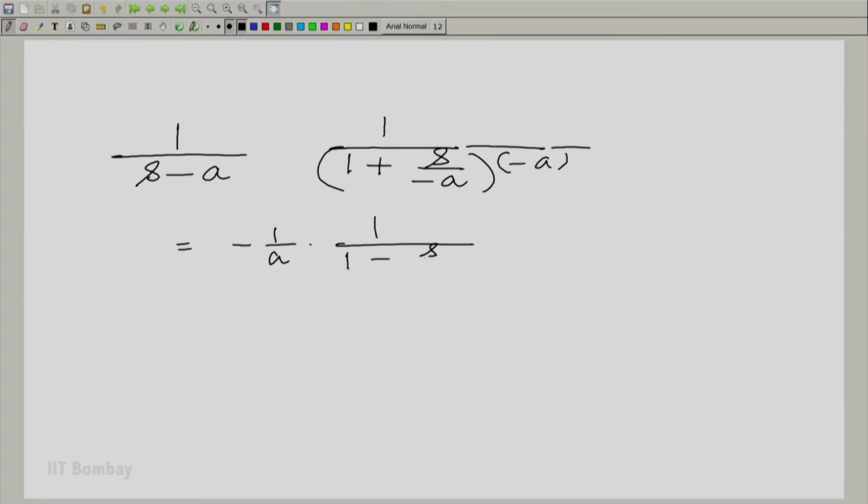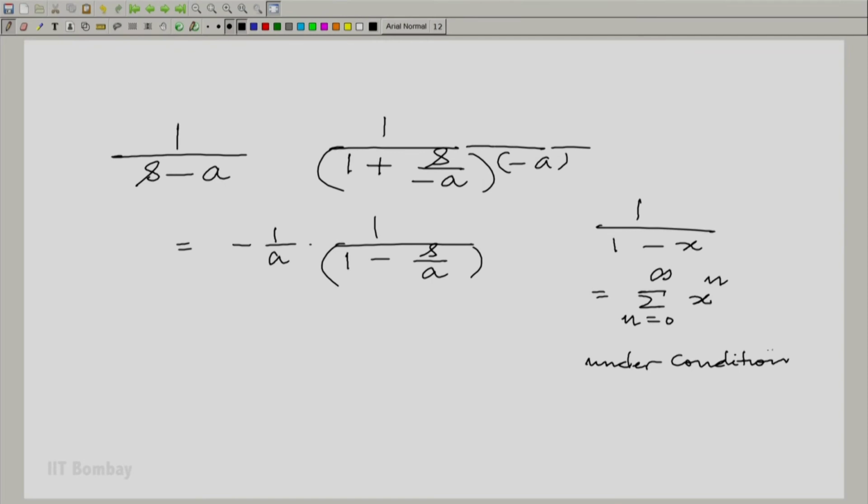So, you could do this, and then you could of course expand 1 by 1 minus x in the form summation n going from 0 to infinity x to the power n under the condition mod x less than 1.